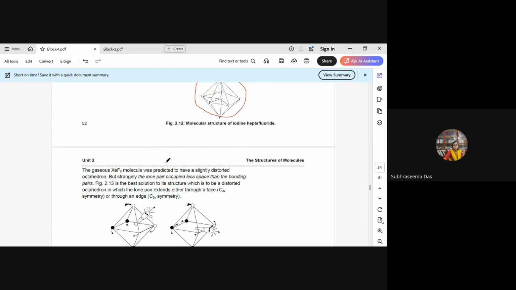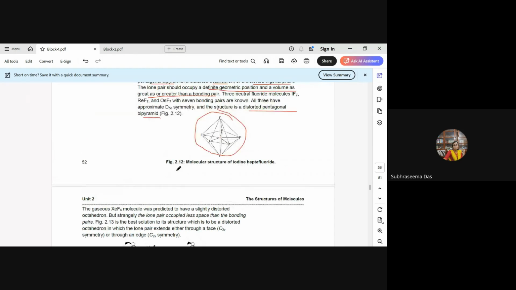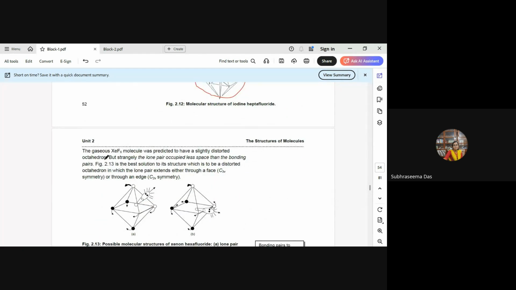Then we were talking of XeF6, which also has 7 electron pairs. Based on this observation, the XeF6 molecule was first predicted to have a distorted octahedron, but it was found that in this particular case the lone pair occupied less space than the bonding pairs.